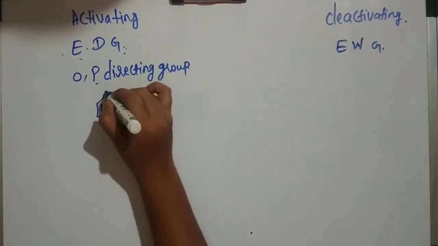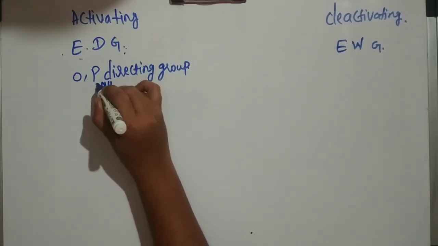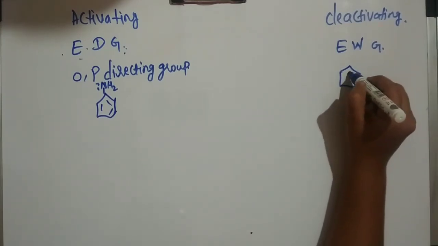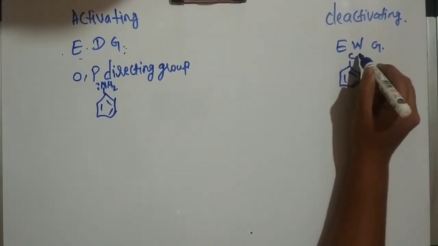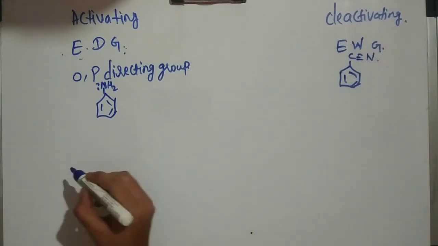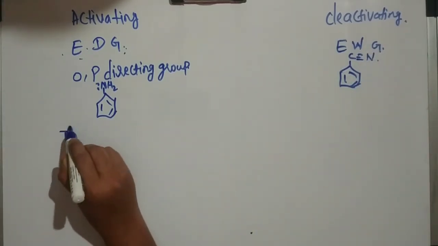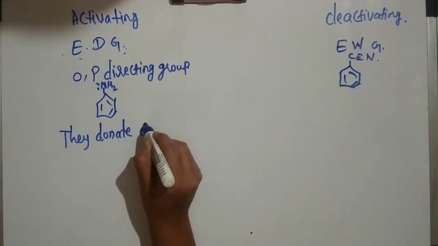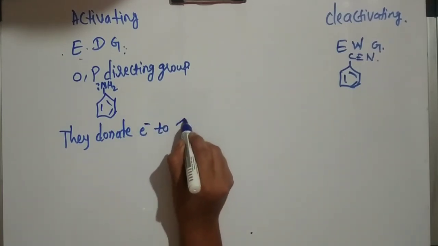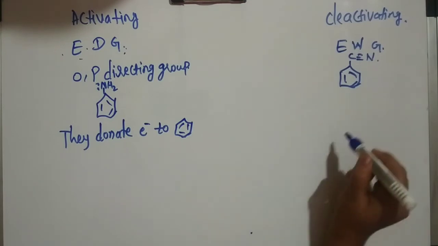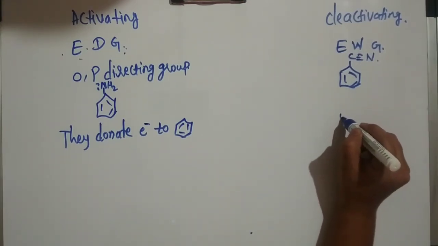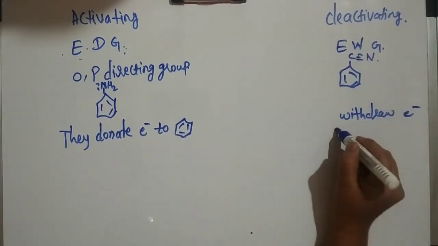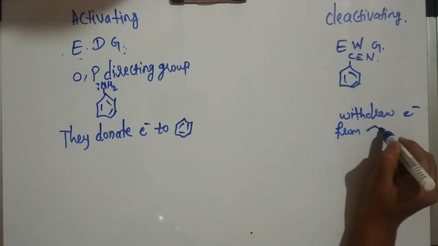This is the example, where we have an electron pair. So what happens? In the activating groups, they donate electron to the benzene ring. Here they withdraw electron from the benzene ring.